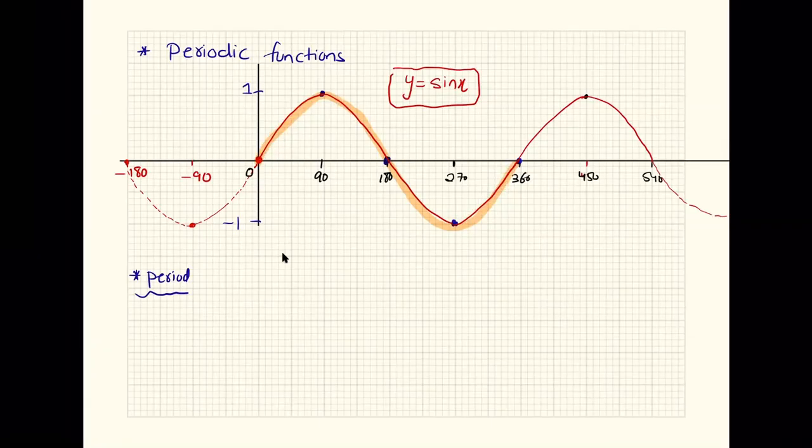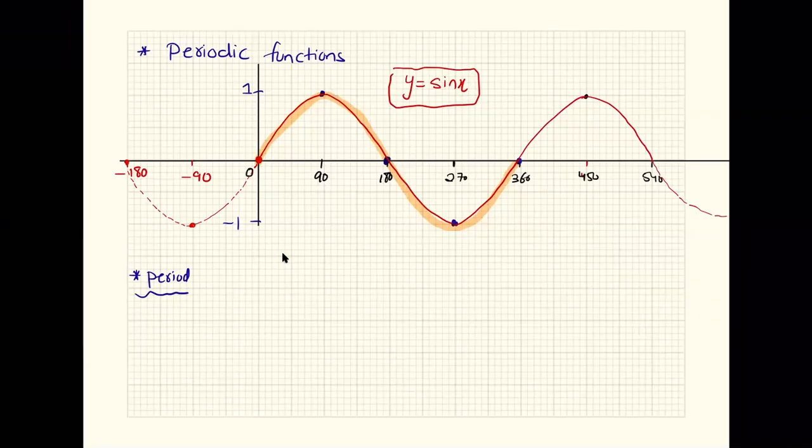Looking at the graph on your screen right now, can you tell me what is the period of this graph? Is it 360? Yes, 360 degrees, because the basic sine and cosine functions repeat after every 360 degrees. So the period is 360 degrees.